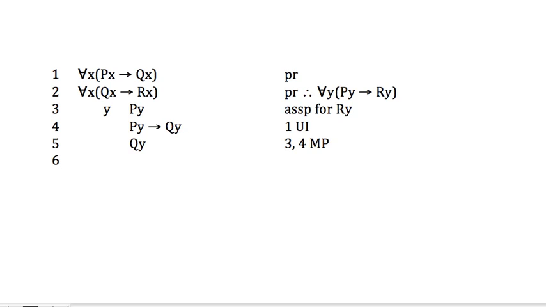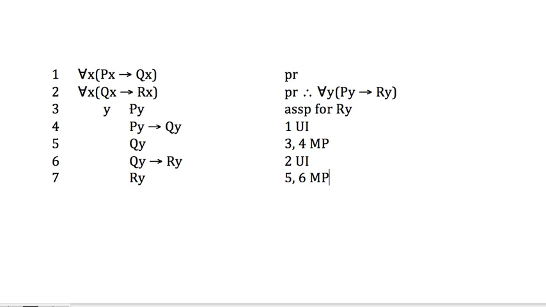Now I can instantiate line 2, and I can get qy arrow ry. That's simply a case of universal instantiation, an unrestricted rule, 2 UI. And now on line 7, I can get what I need to complete this subproof, which is ry. That comes from 5 and 6, once again by modus ponens.